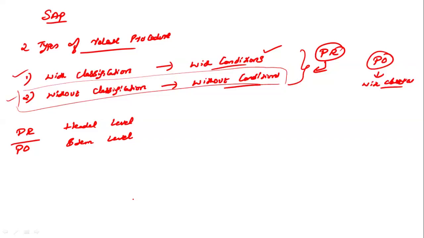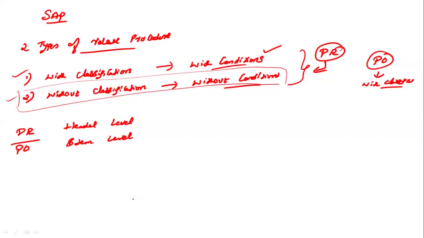So that is the reason we have this release procedure also divided into two levels. One is header level, one is item level. If you are releasing at header level, you are releasing the complete PR or PO. If you are releasing the PR or PO at the item level, then you are releasing only particular item.